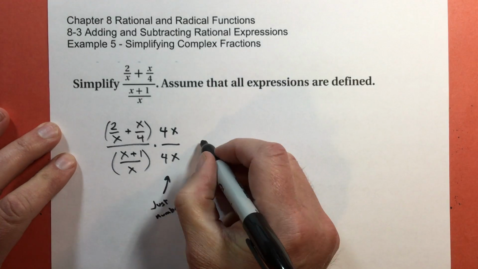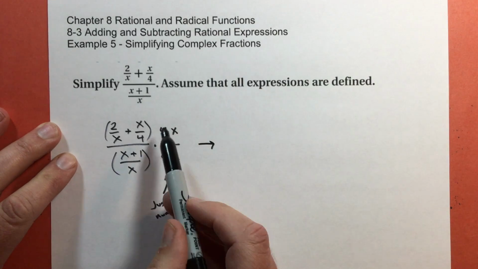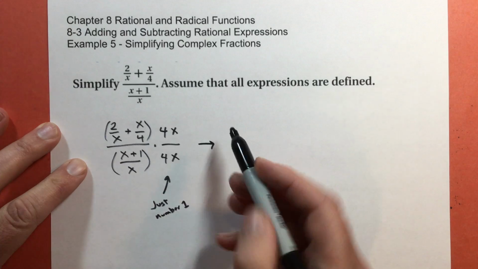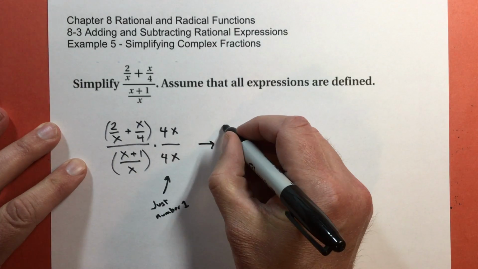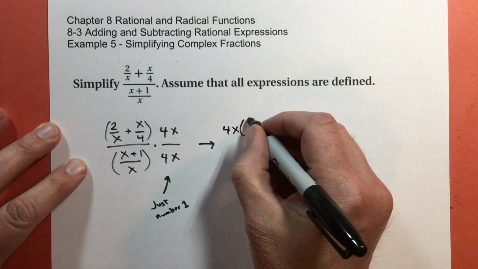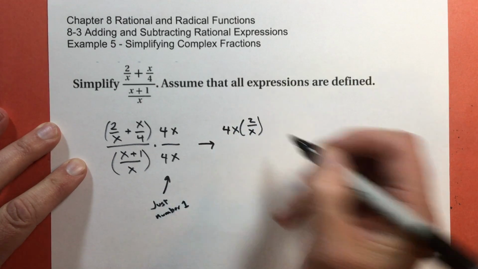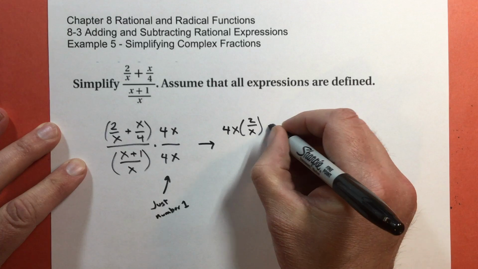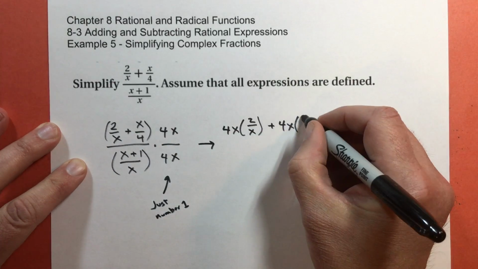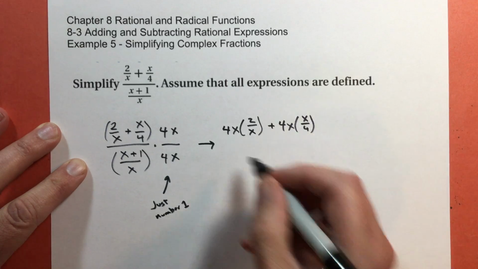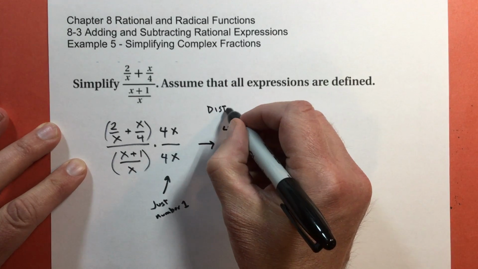All right, so what happens? I'm going to multiply 4x times 2 over x, using the distributive property in the top. So I multiply 4x times 2 divided by x, that fraction, and I'm also going to multiply 4x times x over 4. That's distribution, that's all I did.